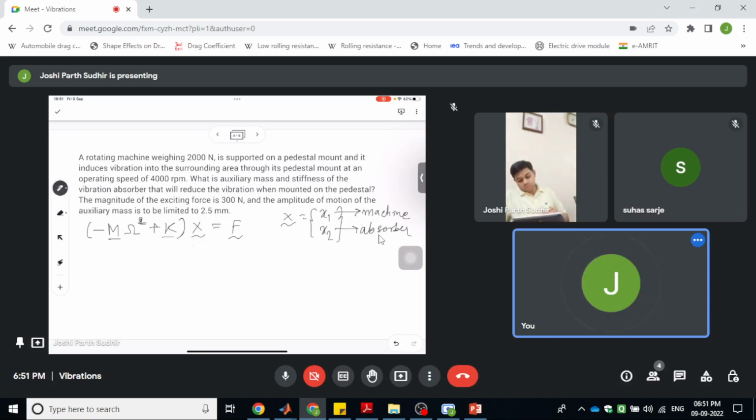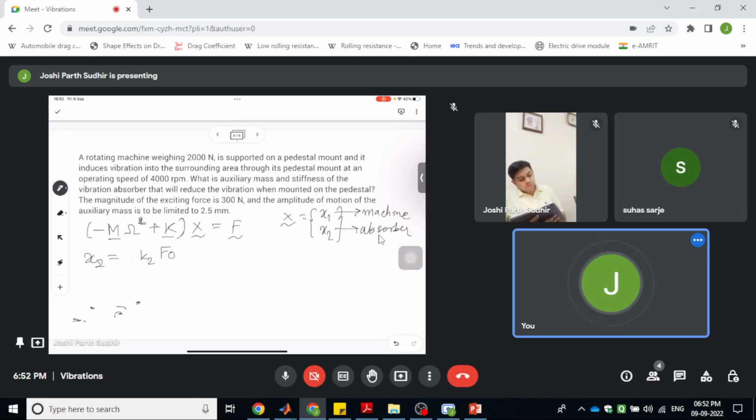The expression for x2, if we solve for this, will come out to be k2 f naught.